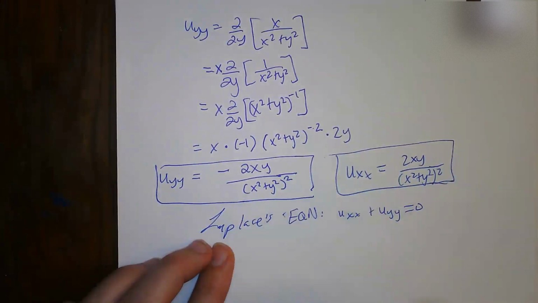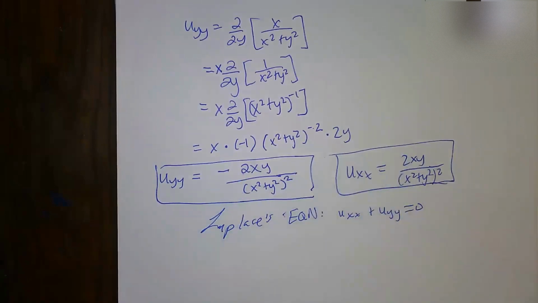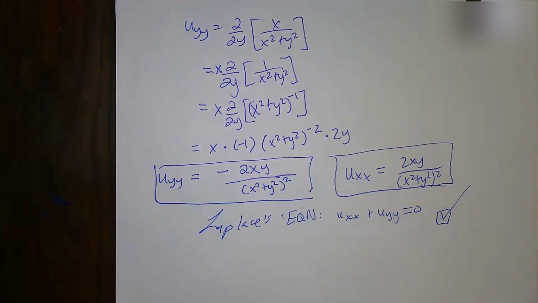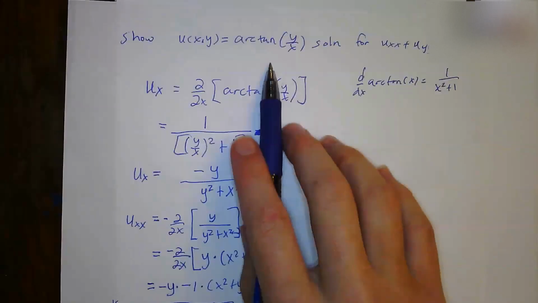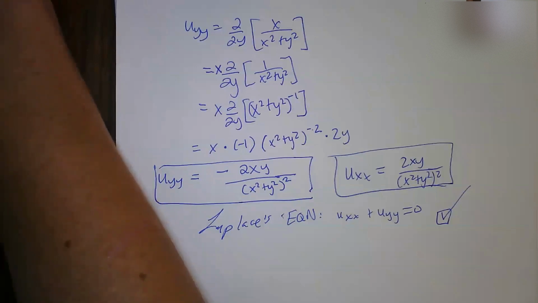Well, I don't even have to rewrite that, but you can tell that this negative term plus that term is equal to 0. So we have, in fact, proved that arctan of y over x is in fact a solution for Laplace's equation.